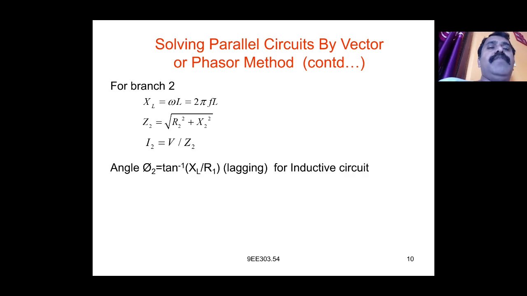Angle phi 2 is equal to tan inverse XL by R2, lagging for an inductive circuit. Again cos phi 2 is equal to R2 by Z2, lagging.